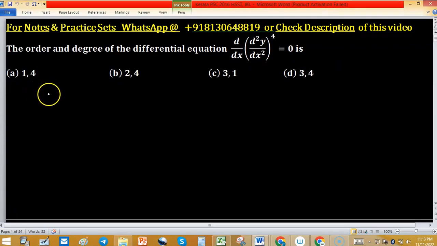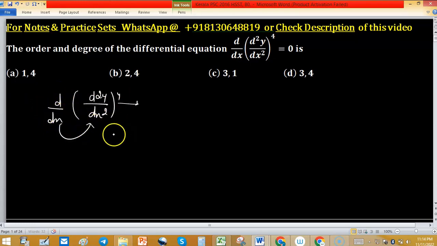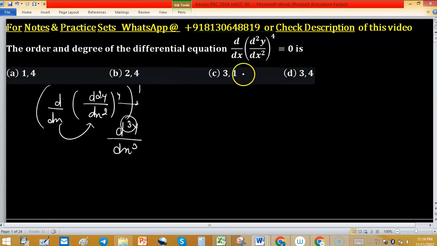For the order and degree of the differential equation, d2y over dx2 is a differential coefficient, and we are integrating this differential coefficient again with respect to x. So the new differential coefficient will be d3y over dx3. It means the order of the differential equation will be 3 and the max power of this differential coefficient will be 1. So option C will be correct.